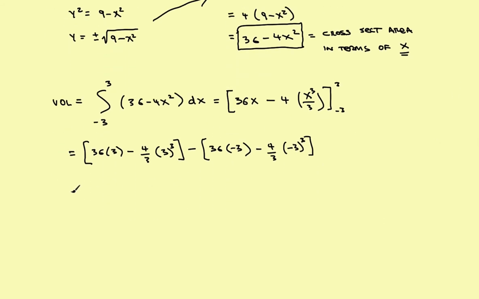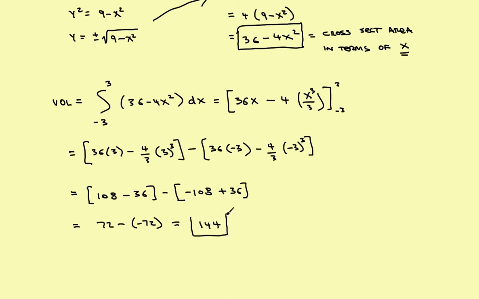And if we run through all that, we would come up with 108, then minus 36 minus, and this would be negative 108, and a plus 36, which would give you 72 minus a minus 72, and that's all going to be 144. Now this would be cubic units, whatever the units happen to be. And this is going to be the volume of that green solid.